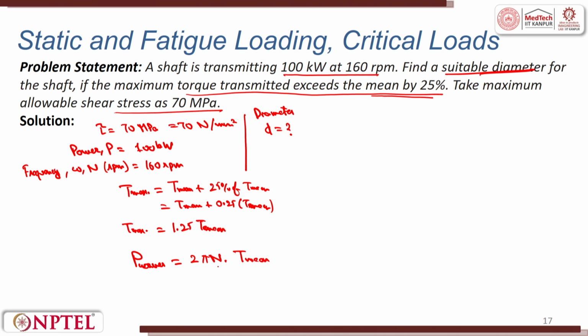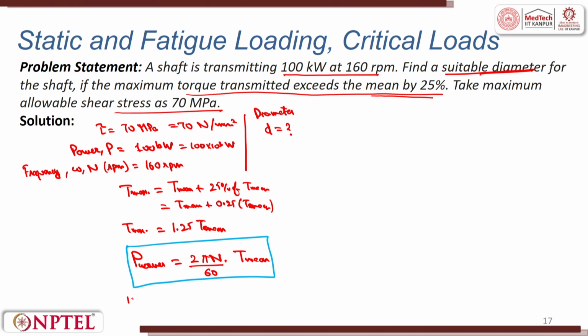Because n is given here in minutes, I will put 2 pi n by 60. I am talking about T mean here, which means the power that is there, 100 kilowatts, which is equal to 100 into 10 raised to power 3 watts. Using this relationship, I will try to find T mean.